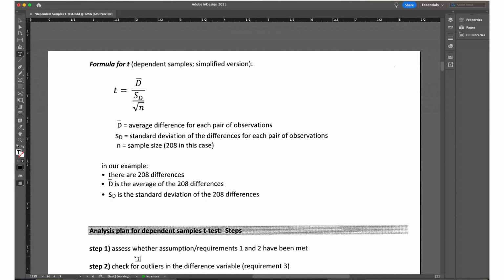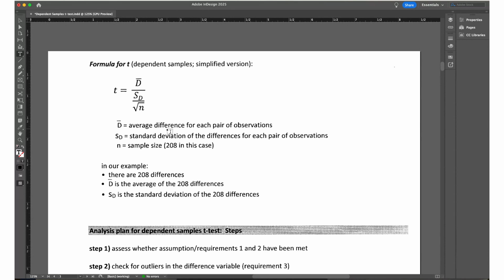Now we have the formula for t for dependent samples, and it's actually a little more complicated than this, but this is the simplified version, and for our purposes it works. In the numerator, we have D bar, which stands for the average difference for each pair of observations.